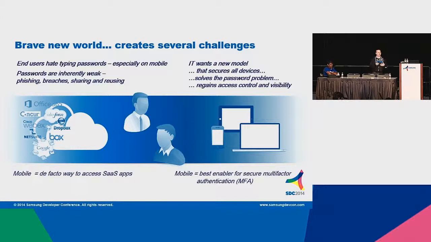So what we do is centralize all of that on the corporate identity, which is for the most part usually Active Directory. And we see that a large number of people are using their mobile devices for accessing these services as the primary method of getting access to that. So we provide a method for securing that, and we do so across all of the different mobile environments.